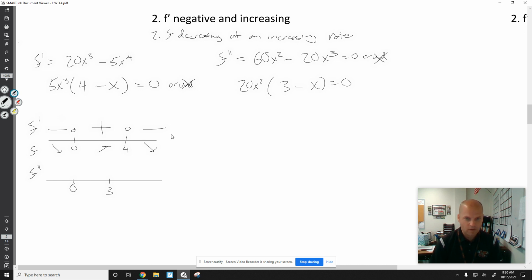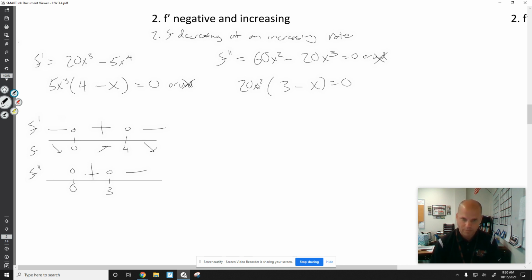Sign analysis of f double prime. So plugging in 4, positive times a negative, that's a negative. I have zeros here, so points of no concavity. I will change signs at x equals 3. The multiplicity is 1. If I checked at 1, positive times a positive is a positive. I will not change signs at 0 because the multiplicity is 2. I could double check that.